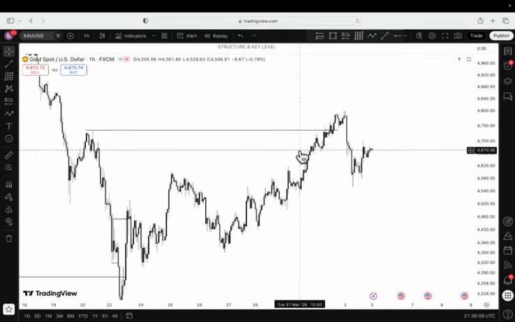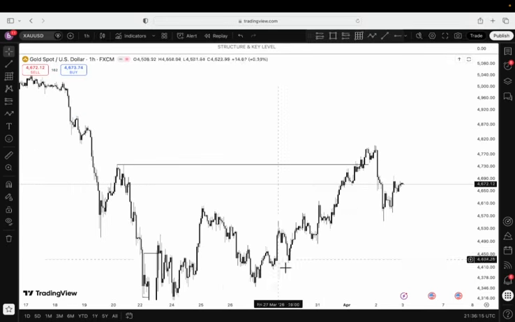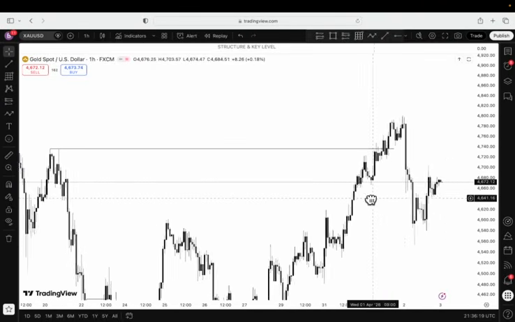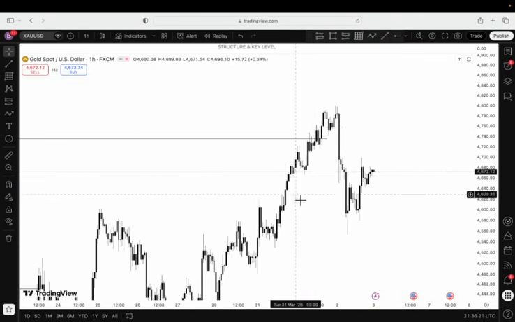Let's see. So yeah, this would have been a very good reclamation, but I think price did not come back.